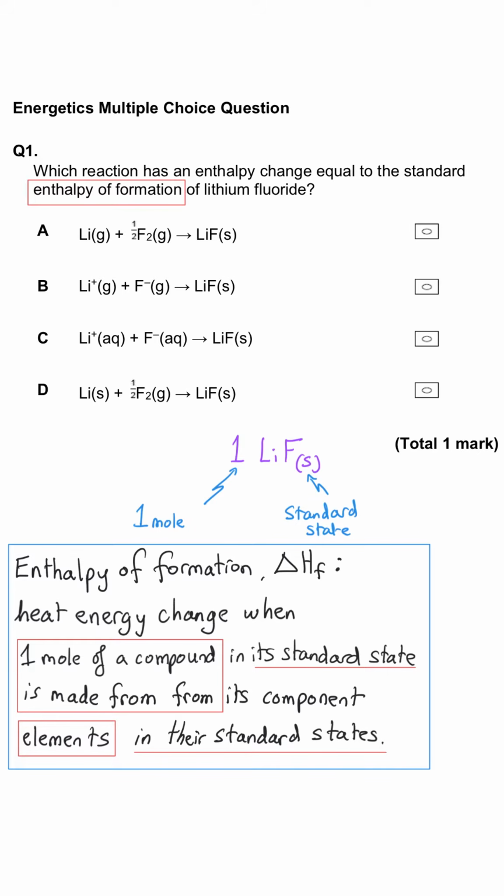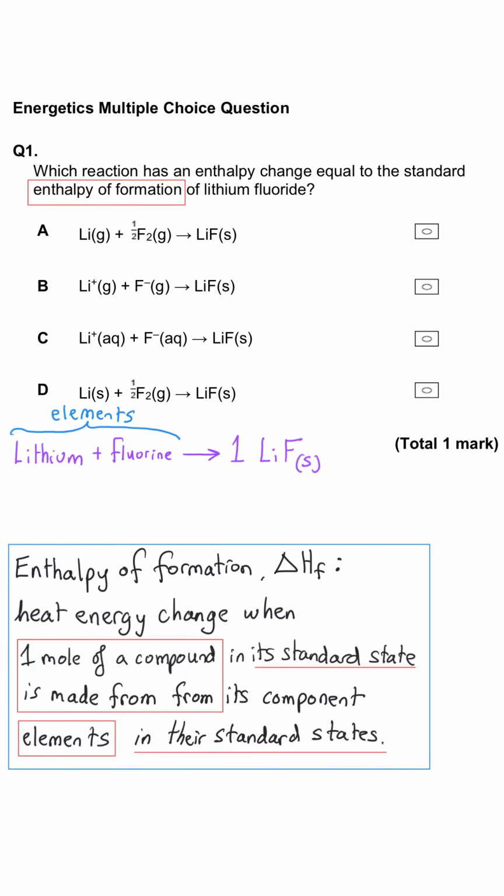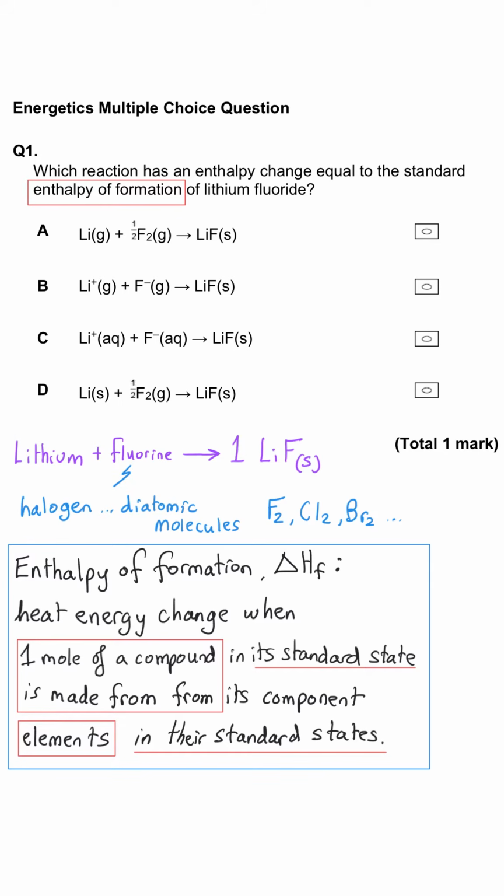The component elements that make up lithium fluoride are, of course, lithium and fluorine. And so fluorine is probably our first way into this question because fluorine is from group 7 of the periodic table, the halogens, and these elements are all diatomic molecules. That means they go round in pairs as F2.